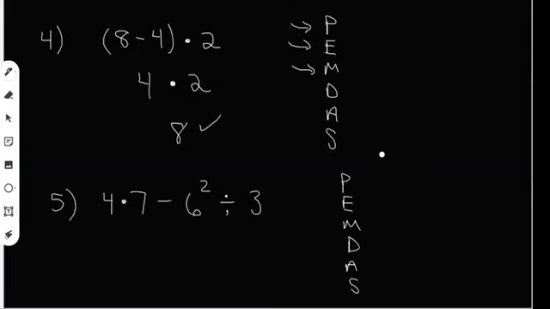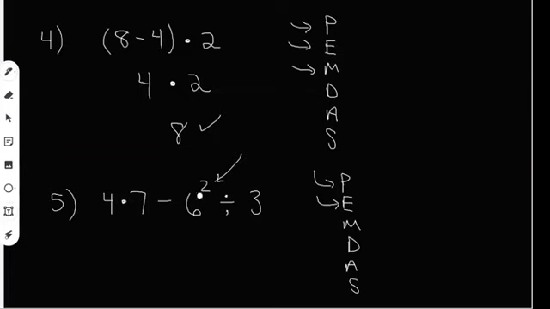So I want to start off with P first. That's parentheses. We don't have any grouping symbols. We don't have any parentheses like in the last one, so we can skip that. Let's go straight on to exponents. Do we have any exponents? Yes, we do. We got one right here. So I'm going to do that first.